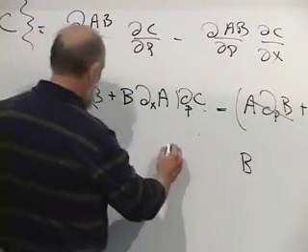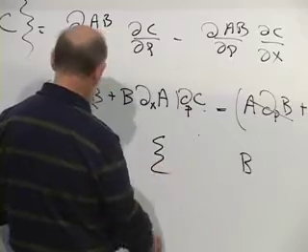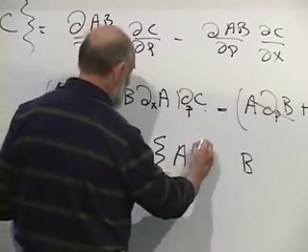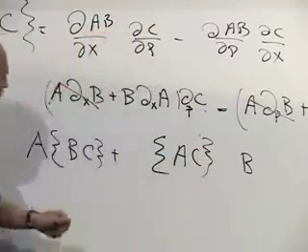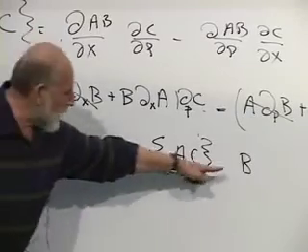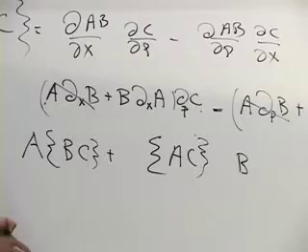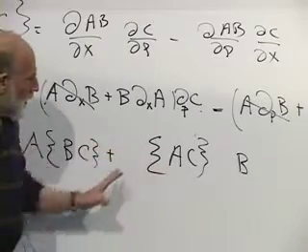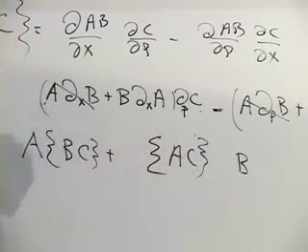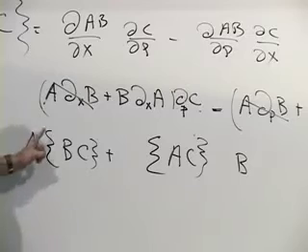And that's just the Poisson bracket of A with C. It doesn't matter that I put the B on the right here and the A on the left. We're talking about classical physics. In classical physics, the order of multiplication doesn't matter. I just wrote it that way because that's the way it comes out in quantum mechanics. But look what it says.